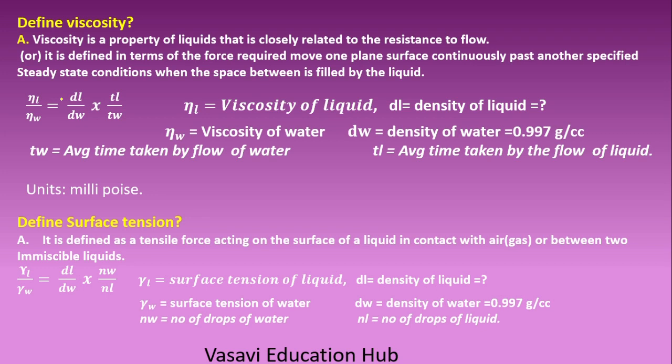So γL is surface tension of liquid, γW is surface tension of water. dL is the density of liquid, dW is density of water, fixed, that is 1 gram per cc approximately. nW is number of drops of water, nL is number of drops of liquid. Okay, right.